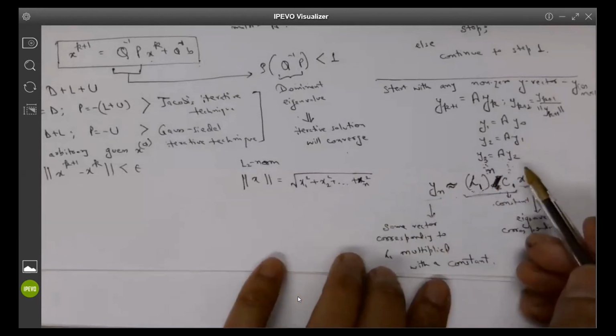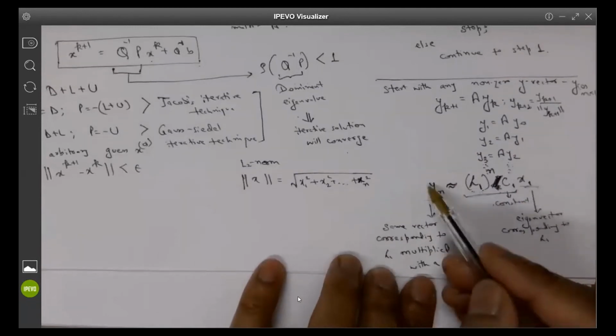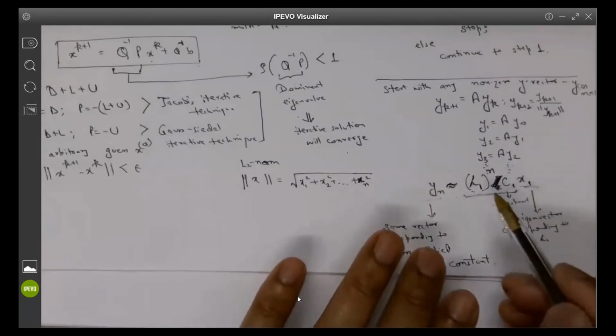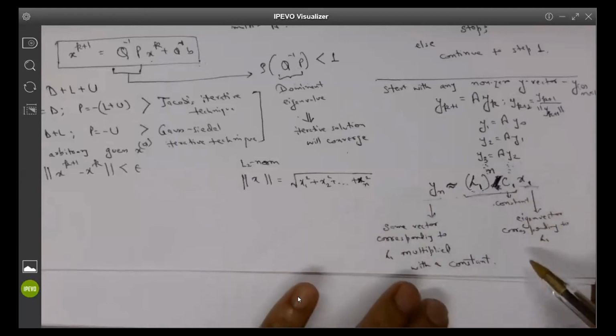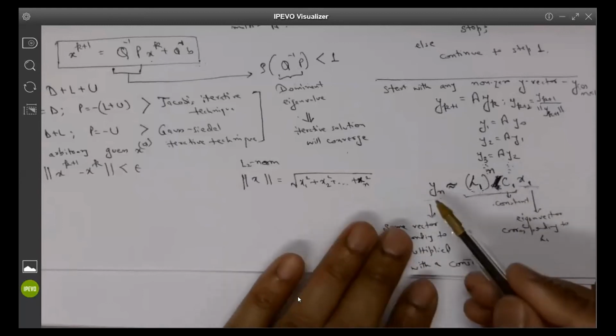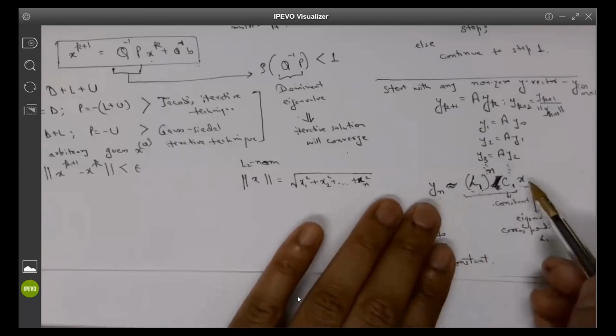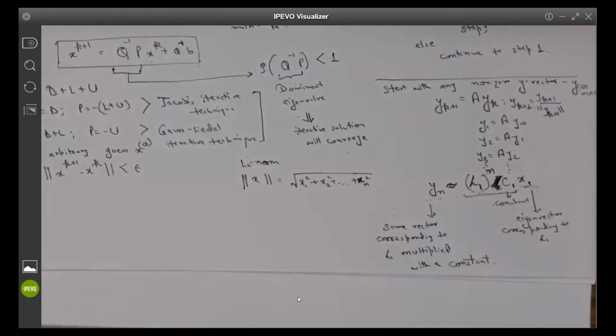Assuming that after all those steps you reach this point, do you follow that yn is basically the same eigenvector corresponding to lambda 1? Are you with me?